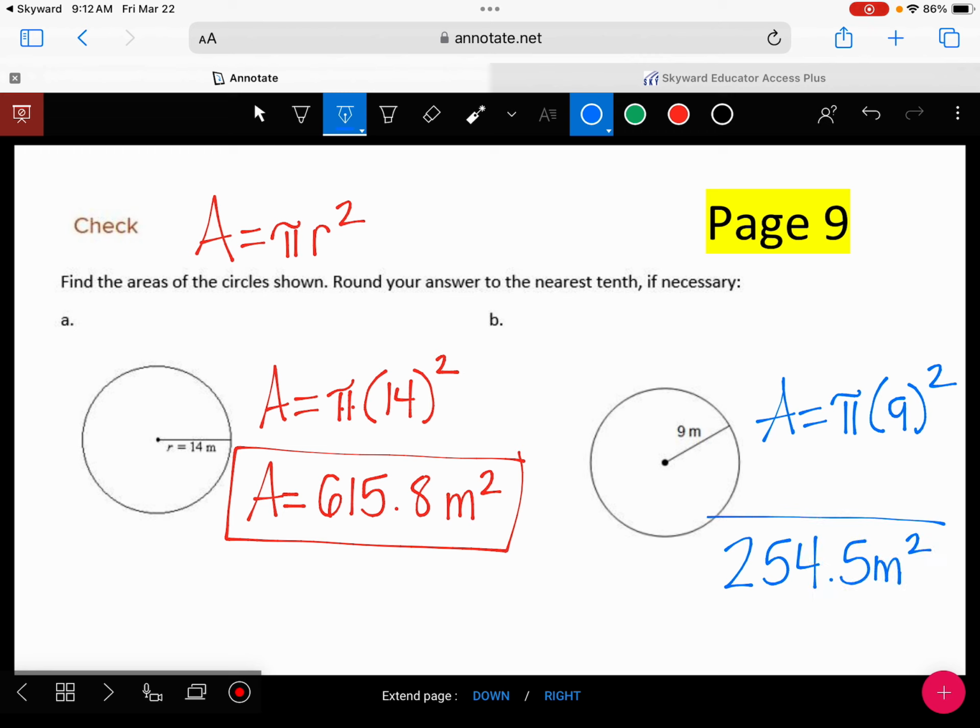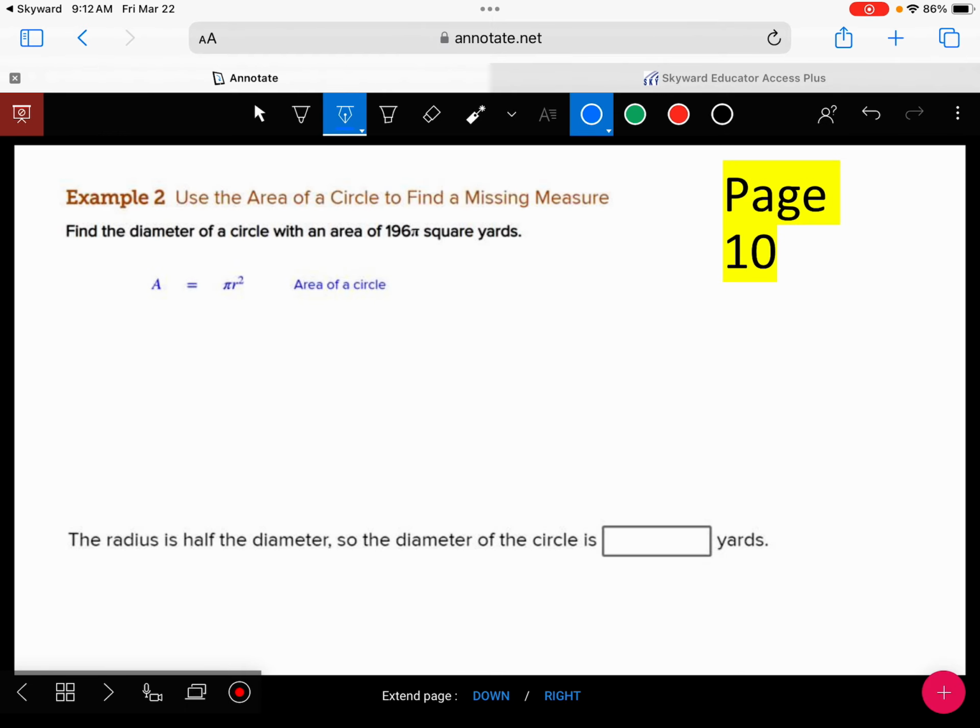And then it would be meters squared. All right, any questions so far about the formula? So again, if it's a circle, you have to use the radius.